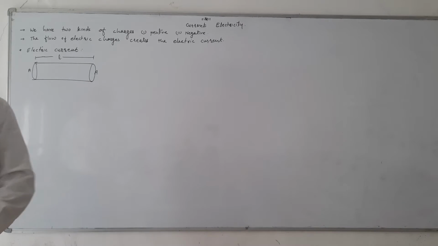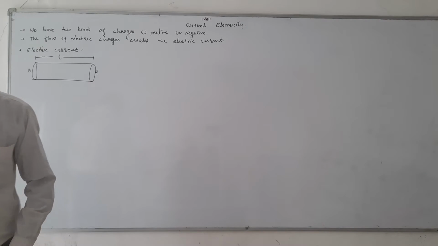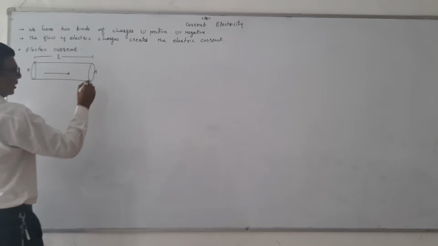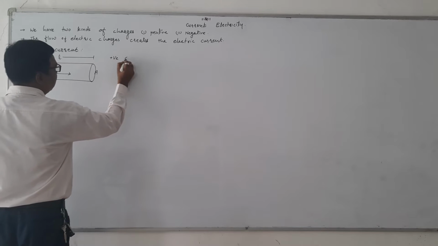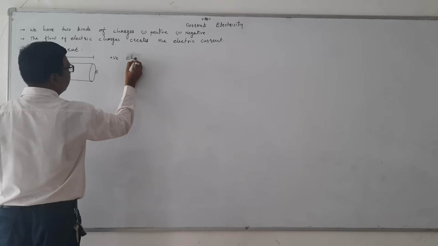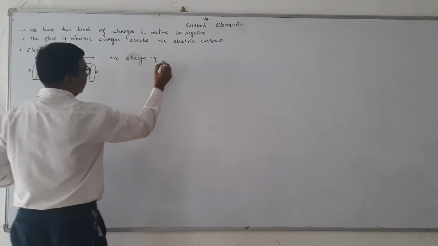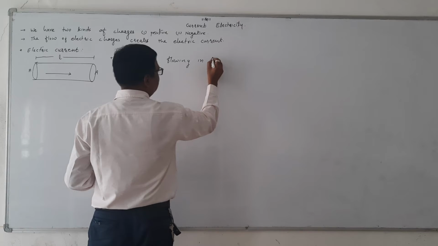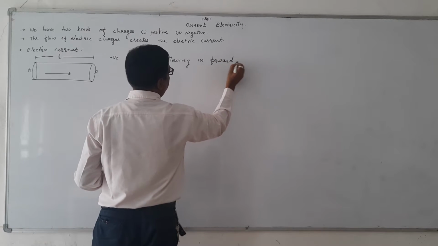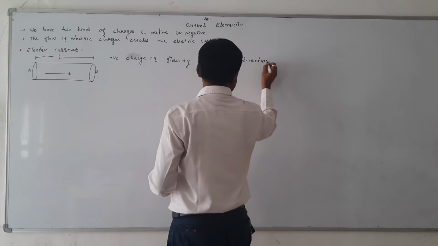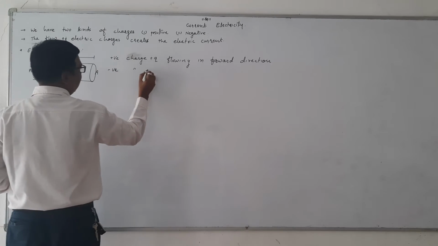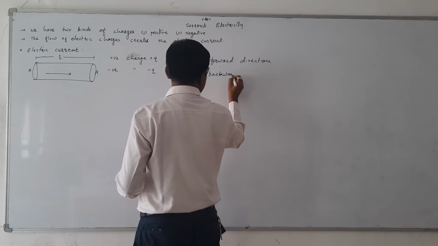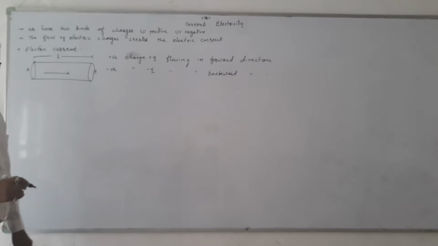You can understand that the positive charge Q is flowing in the forward direction, and the negative charge minus Q is flowing in the backward direction.